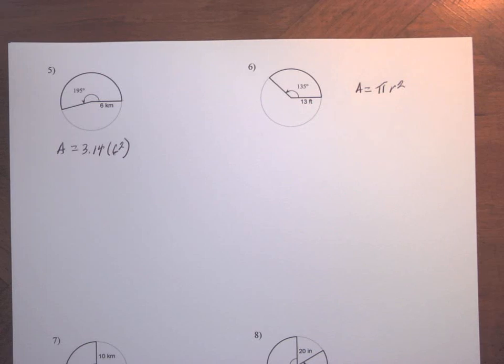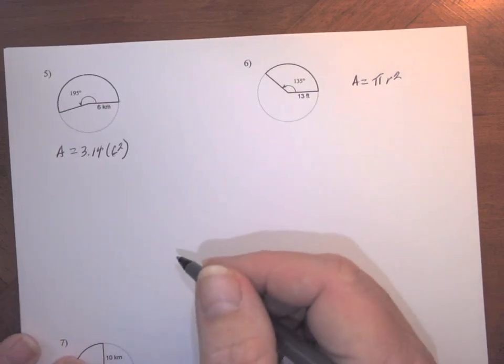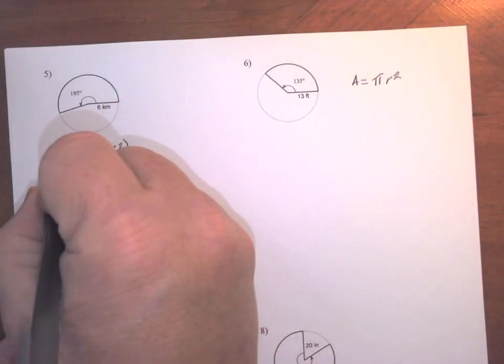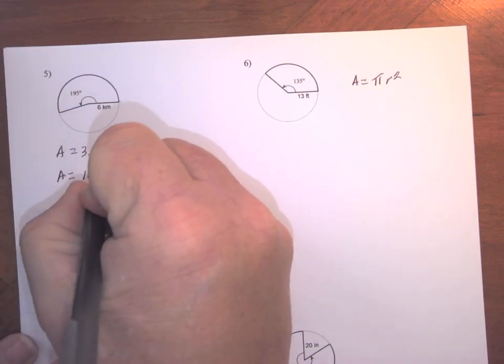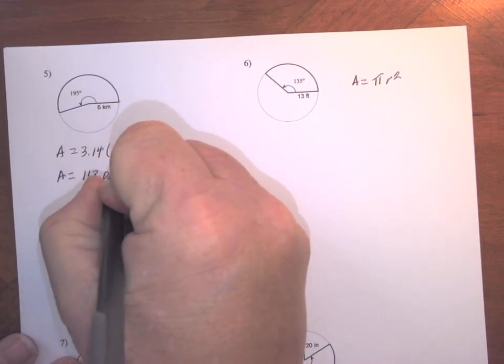We find out that the area is equal to 6 times 6 times 3.14. We find out that the area is equal to 113.04.